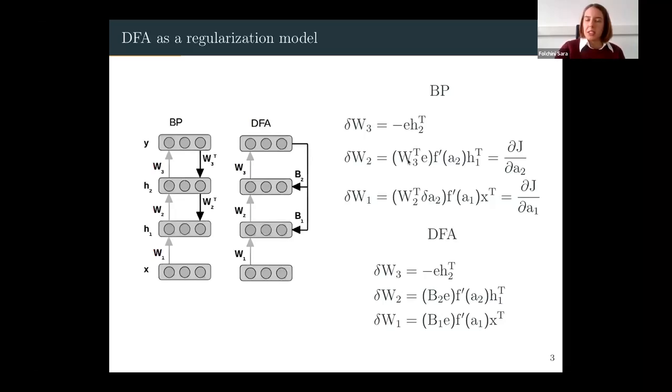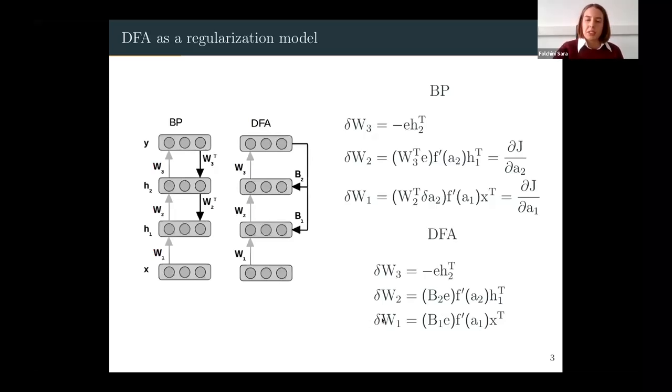Instead of W3 transposed, we have B2. So it's intuitive to understand that the weights of the last layer will have to align to W3 transposed to really have the gradient, so in order to be able to update according to the learning that it needs.